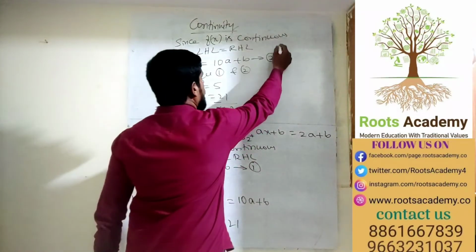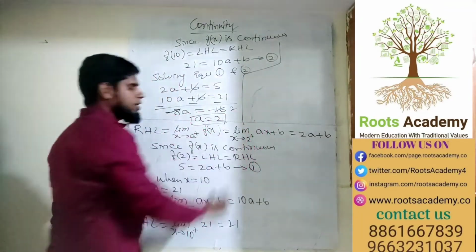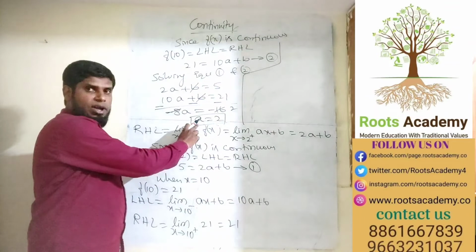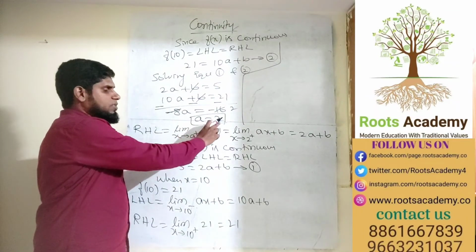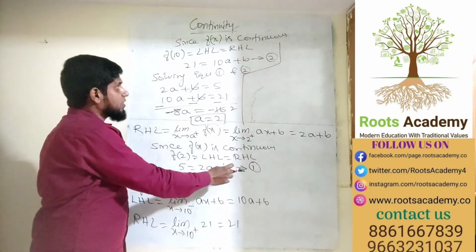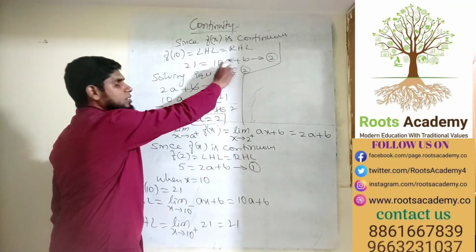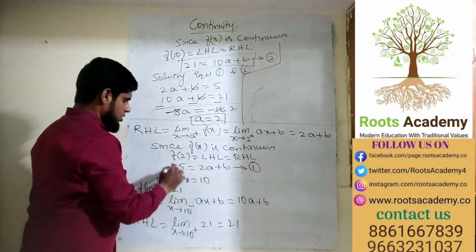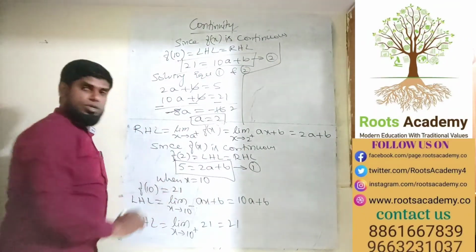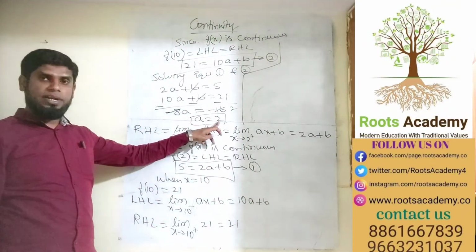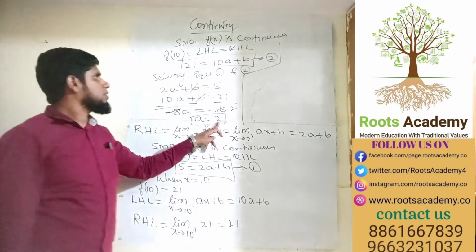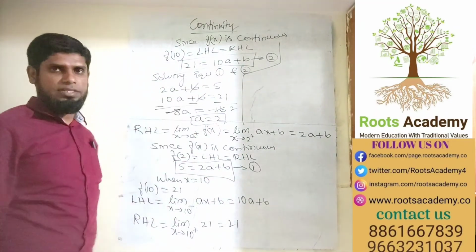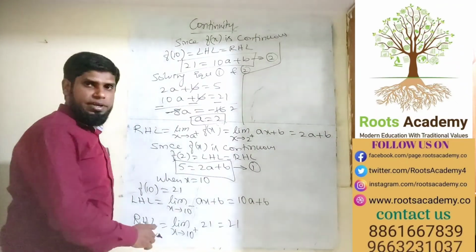So let me find the value of B here. To find the value of B, let us substitute the value of A in either equation 1 or equation 2. Here is equation 2 and here I have equation 1. It's our wish, we can substitute in either equation 1 or equation 2, we'll get the same answer. So I prefer equation 1 here.